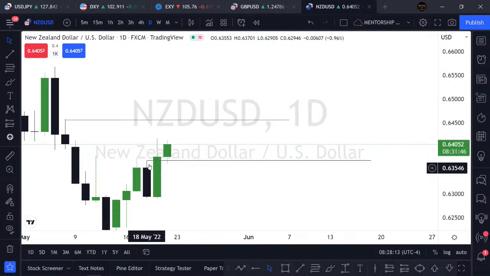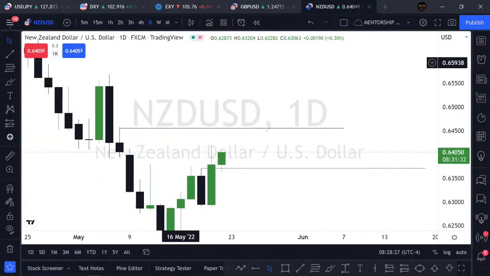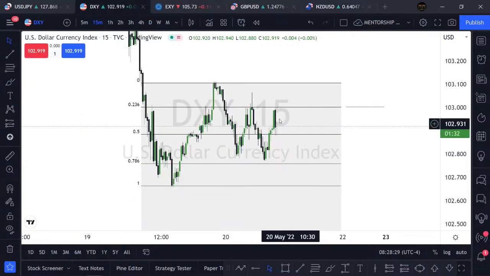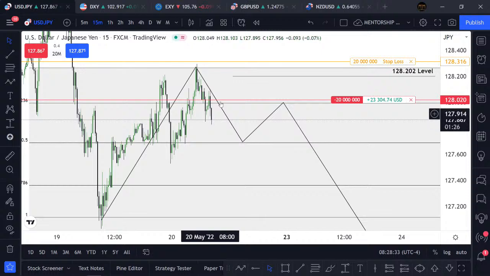I will use this candle as my order block. It is the base currency quoted against the dollar. So as the dollar is falling, the New Zealand dollar would want to shoot higher. Eyes on the dollar index. As we are trading, eyes on the dollar index.